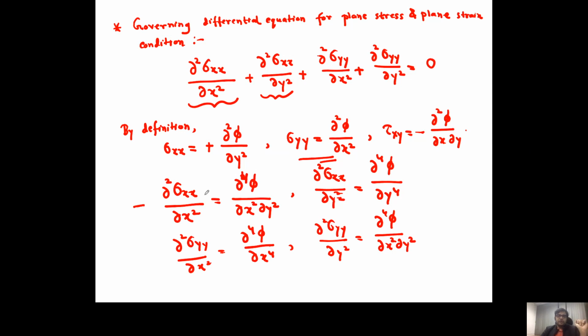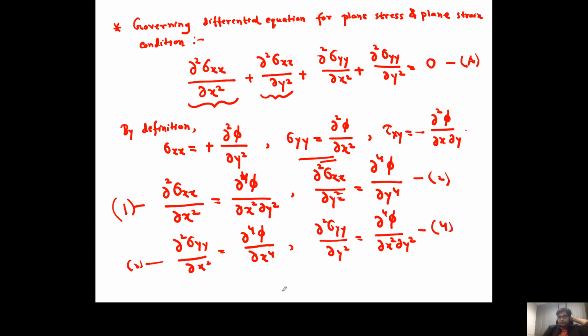So this is 1, this is 2, this is 3, and this is 4. So we take these 4 terms and substitute them into the governing equation A.